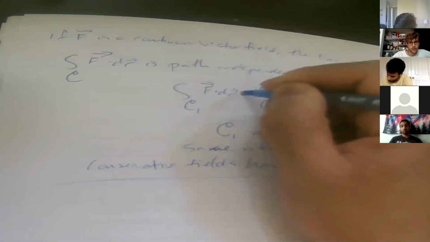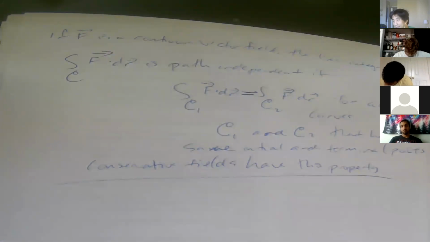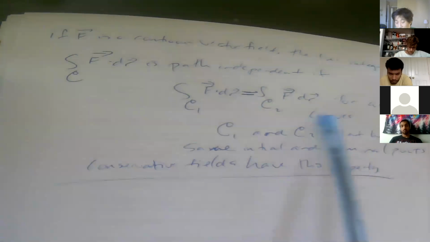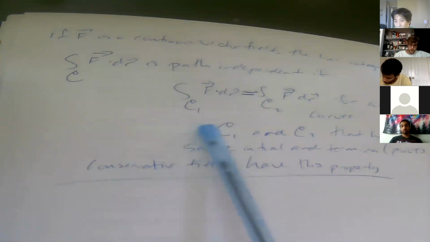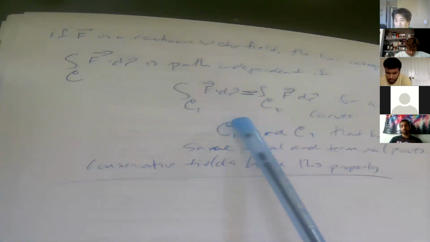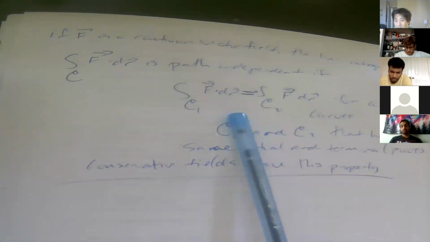Integral C1, yeah, that's an equal sign. And I just want to say that this equation describes exactly what we just said. We're trying to put symbols, equations, to what we're talking about.